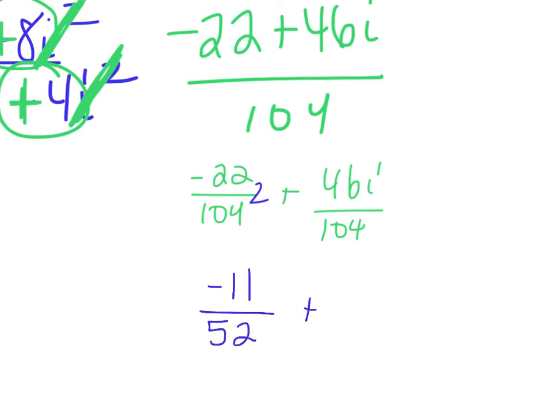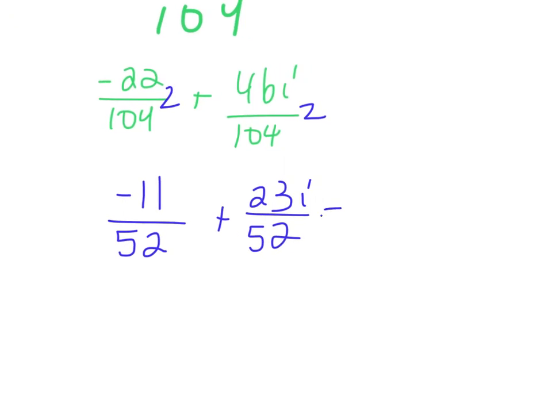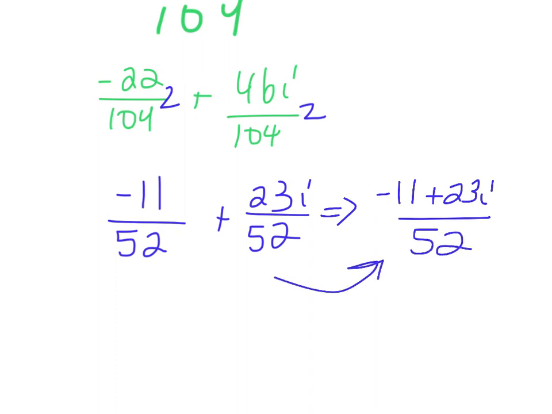Plus, if I divide 46 and 104 by 2, I get 23i over 52. Can I simplify either of those anymore? No. So you can leave it like that, or you can rewrite it as negative 11 plus 23i over 52. It's the same exact thing.